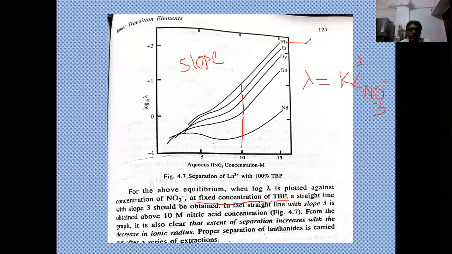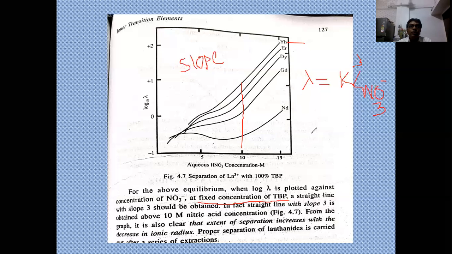So that's why we can say that the extent of separation increases with the decrease in ionic radius. First of all, the ytterbium is extracted, then erbium, then thulium, dysprosium. So the extraction of the lanthanides takes place in the reverse order: lutetium, ytterbium, erbium, and the last one extracted is lanthanum.